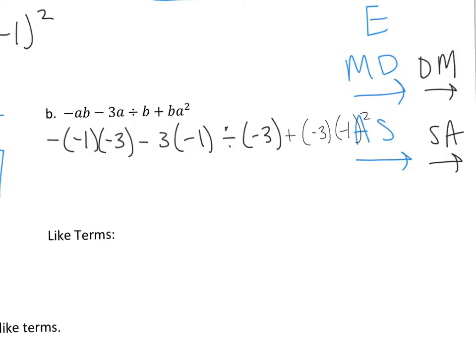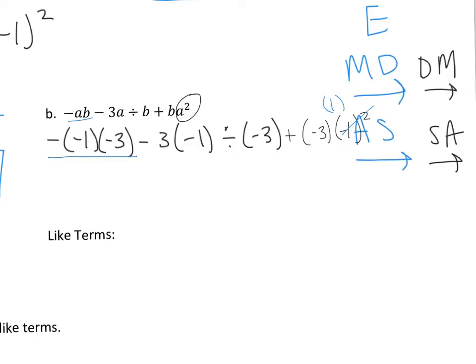So first, if I look at my original problem, I have a squared, so I don't have any parentheses that specify an operation. So I'm going to do the exponent first. So this is going to turn into a 1, because we know that (-1) squared is +1. And then next, I'm going to multiply and divide from left to right. So these two are multiplying.